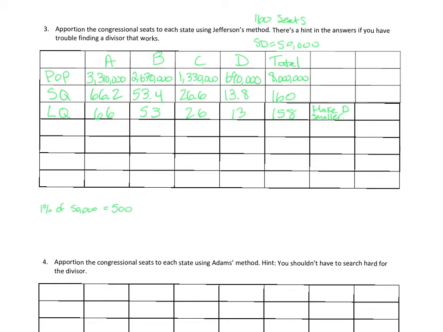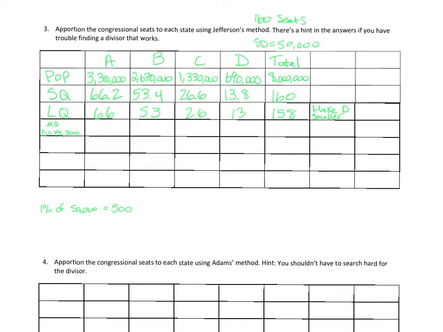So I'm going to make D smaller by about 500. My new divisor, for my modified quotas, is say 49,500. It's smaller than D by about 1%.